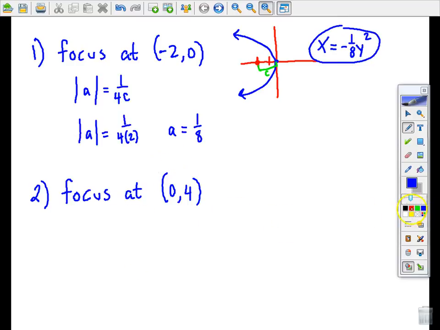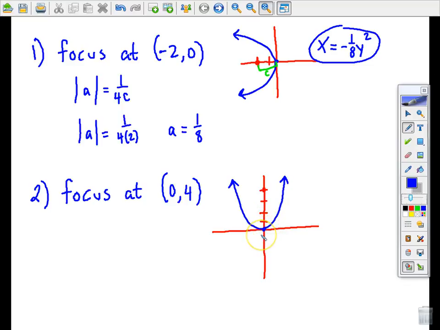Number 2. This time they give us a focus in a different place. This is on the y-axis. To be more exact, it's on the positive y-axis, which tells me that this particular parabola has to open upward, because the focus, again, is inside the mouth of the parabola.